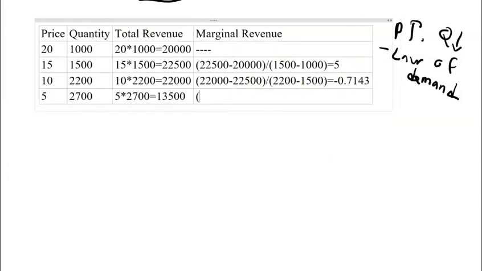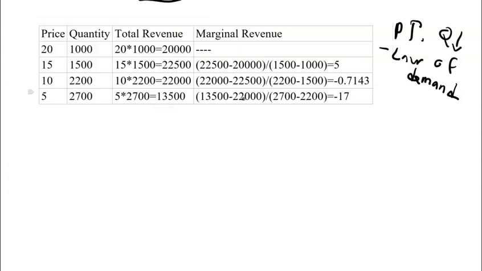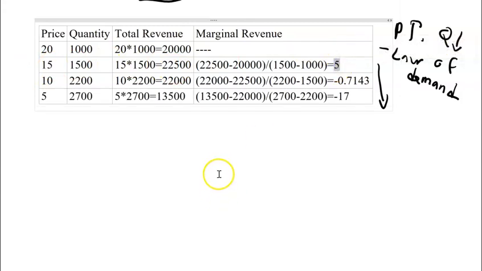And then finally, 13,500 minus 22,000 divided by 2,700 minus 2,200 equals negative 17. So as you can see, marginal revenue keeps on falling. So it's a declining number. And marginal revenue, the definition is giving me the same idea. If I produce 1,500 units at $15, if I want to produce one additional unit, I earn $5 additional.